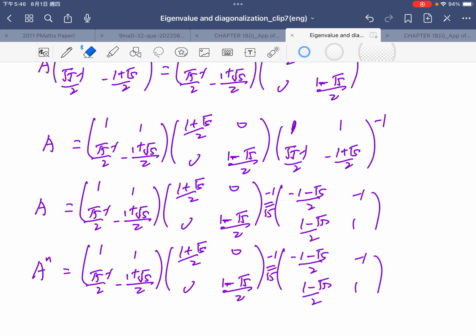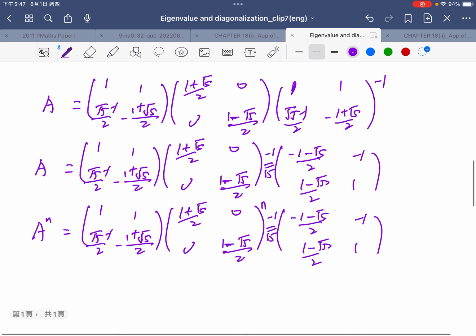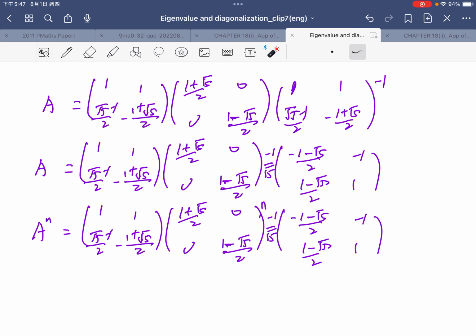But fortunately, this form is a decomposition, and this is a diagonal matrix. This is diagonalization, and the power can go inside here.